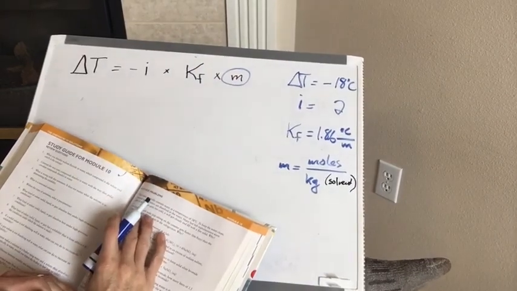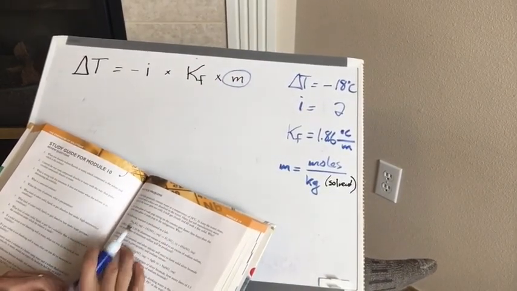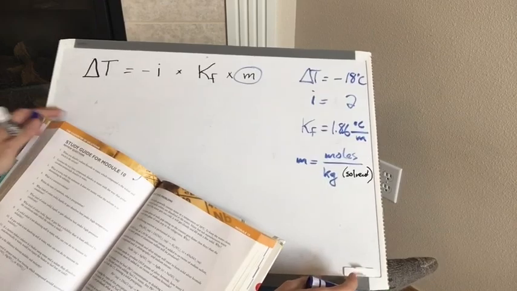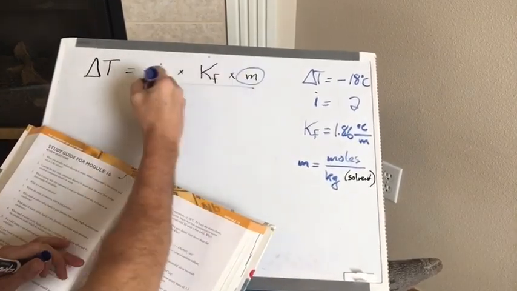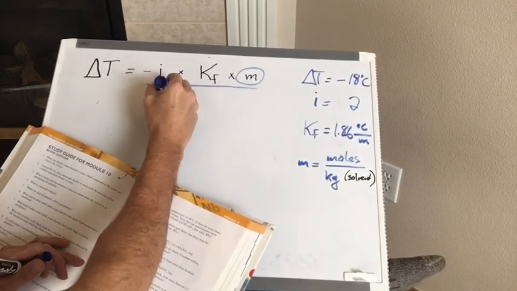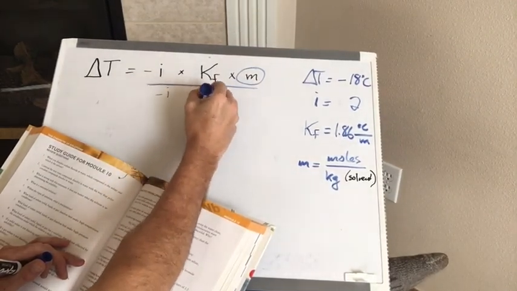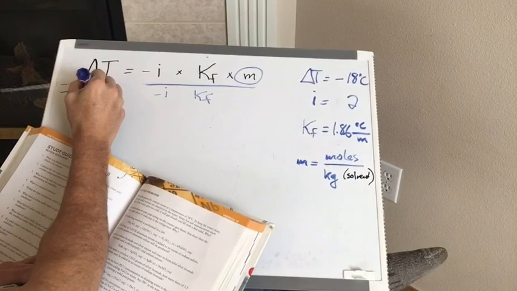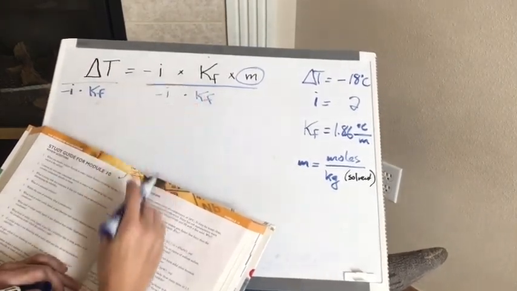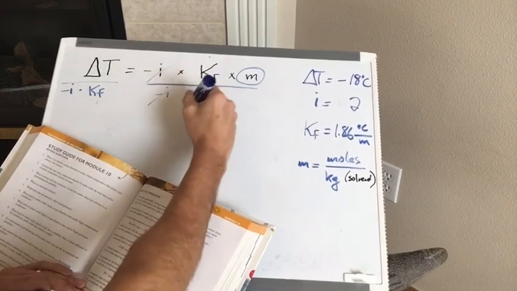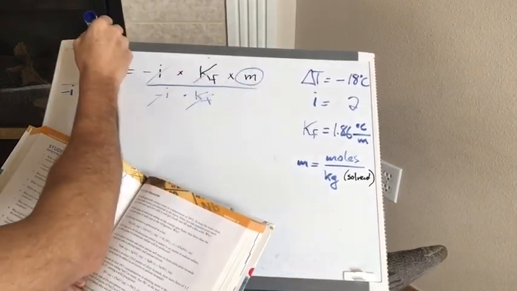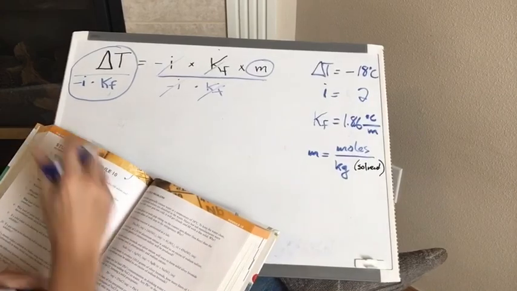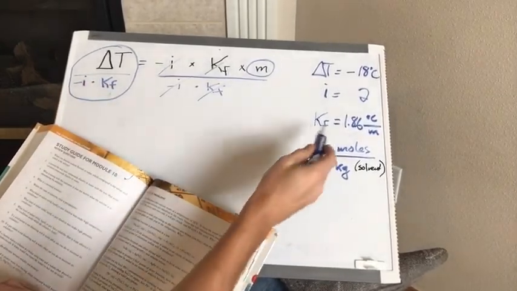If I divide this side of the equation by negative i and by Kf, and divide this side by the same thing, negative i and Kf, then I can cross the negative i's, cross the Kf's, so I'm left with molality equals change of temperature divided by negative amount of ions, i, and that freezing point constant, which they gave us.